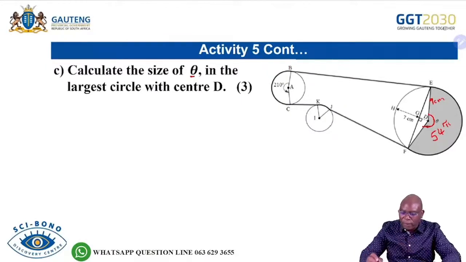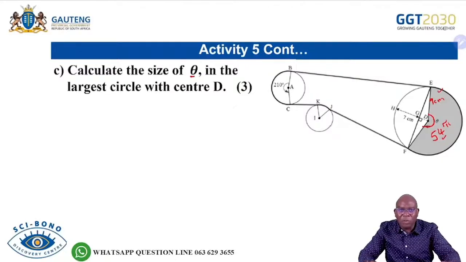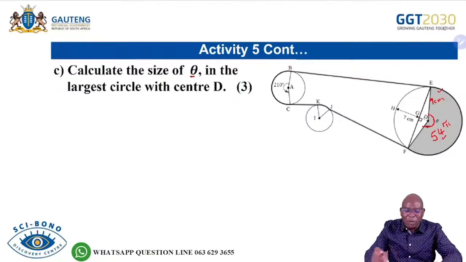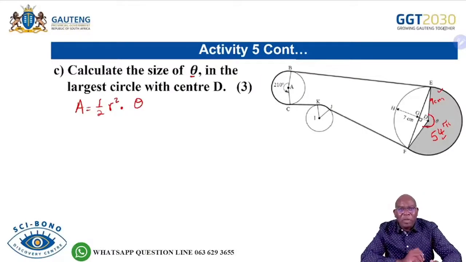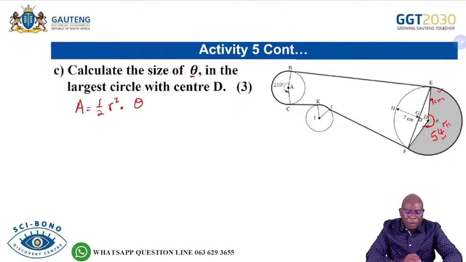Now, first of all, the area is given, the radius is given. So I'm going to go to the formula for the area of the sector: A equals half R squared multiplied by theta, because that's what I'm looking for. I cannot use S because the arc length is not given. The area is given, the radius I've got, I only need theta.